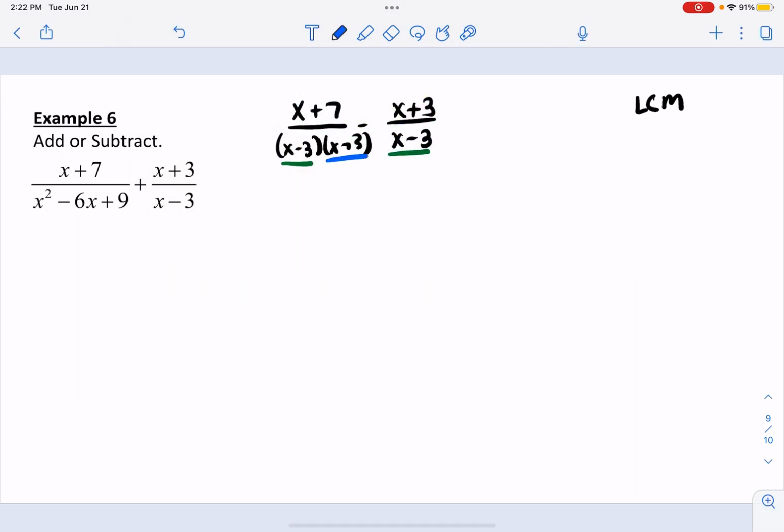This right term doesn't have a second x minus 3 term. So I need to multiply that in. Remember, you can only multiply by 1. So that's why I disguise that 1 as x minus 3 over x minus 3. So notice how I haven't done anything to the numerator.